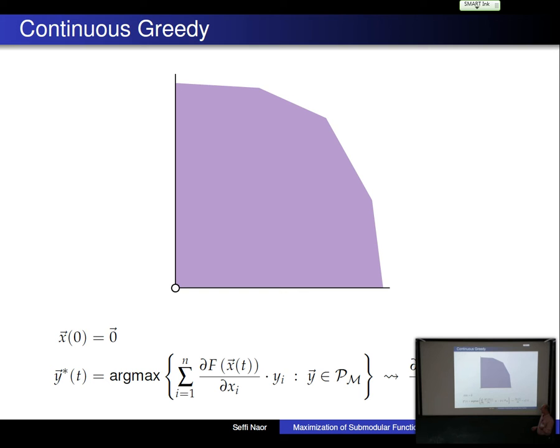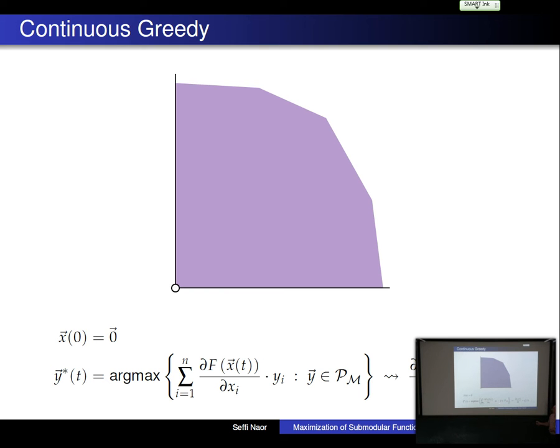In the continuous greedy algorithm, we pick a direction y, which maximizes the directional derivative among all feasible vectors y in our matroid polytope.